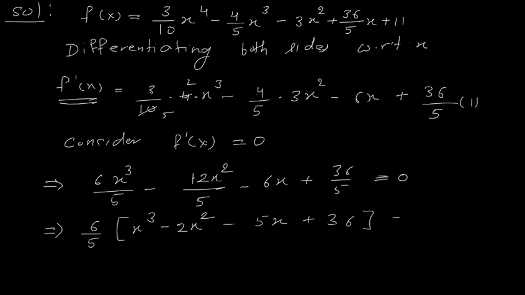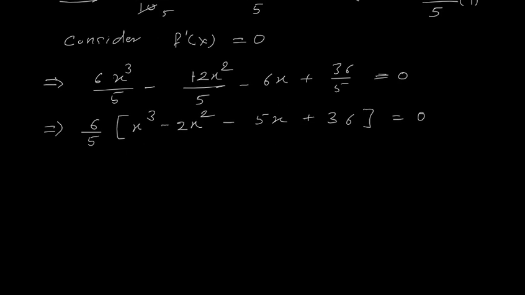And this whole is equal to 0. So this 6 upon 5 I move to the right side, so it gives me the expression x cube minus 2x square minus 5x plus 36.